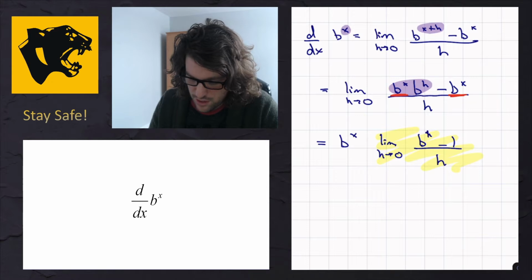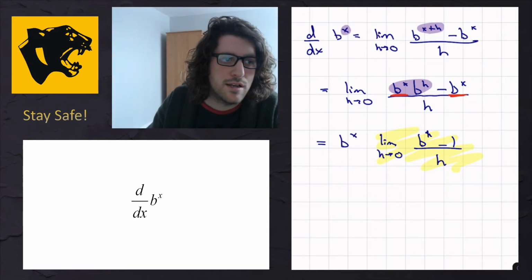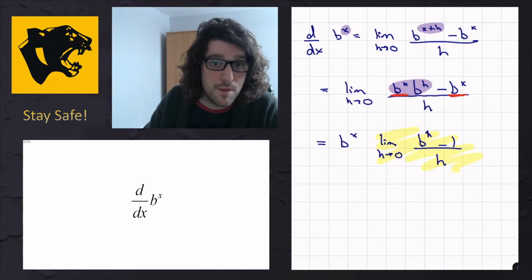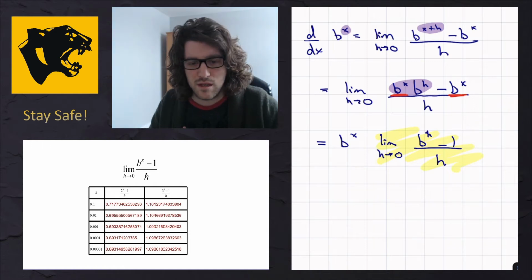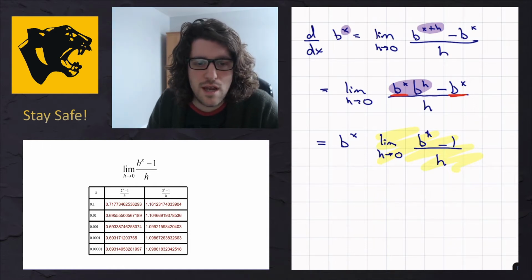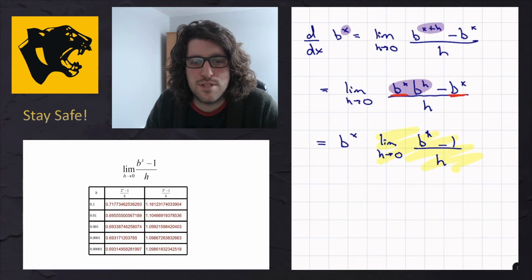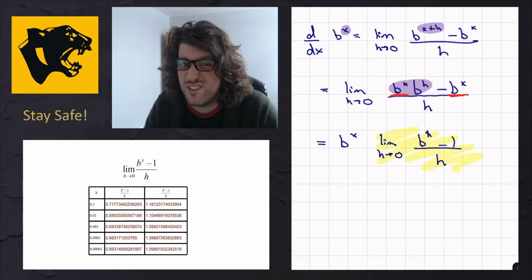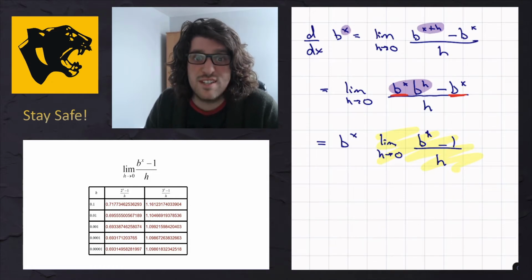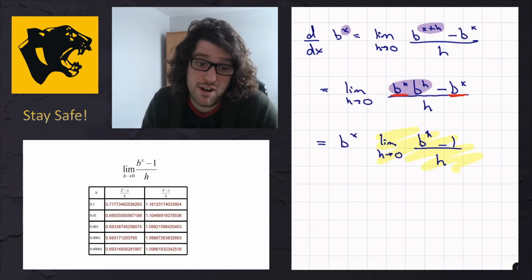So I'm going to advance my slide here and show you something that I prepared in advance. So this is the idea that the limit as h approaches 0 of b to the h minus 1 over h. That's what we're looking to describe. I'm just going to take two random b values and see what happens. So I picked 2 and 3.